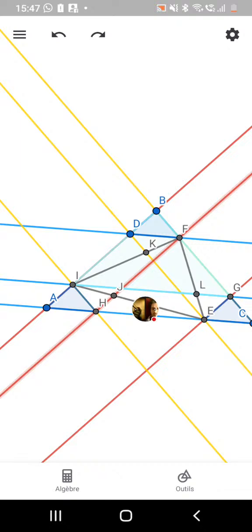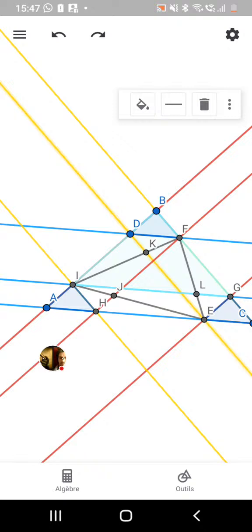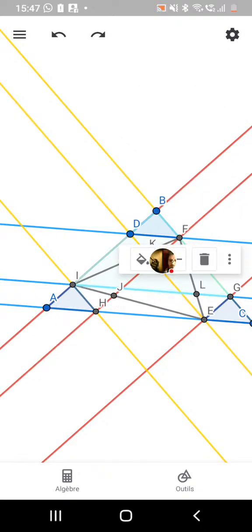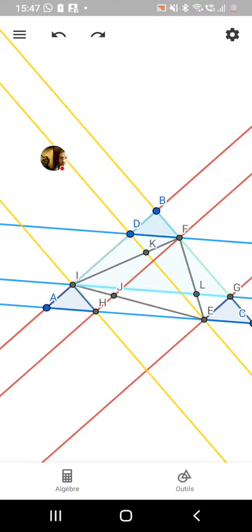And I will call those three lines, this one, and this one, sorry, I will call them the T median, where T will be the ratio between the small distance here and the big distance here between lines.